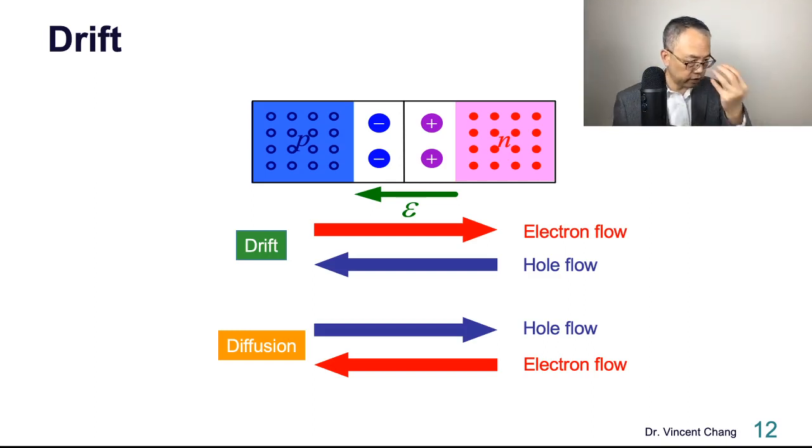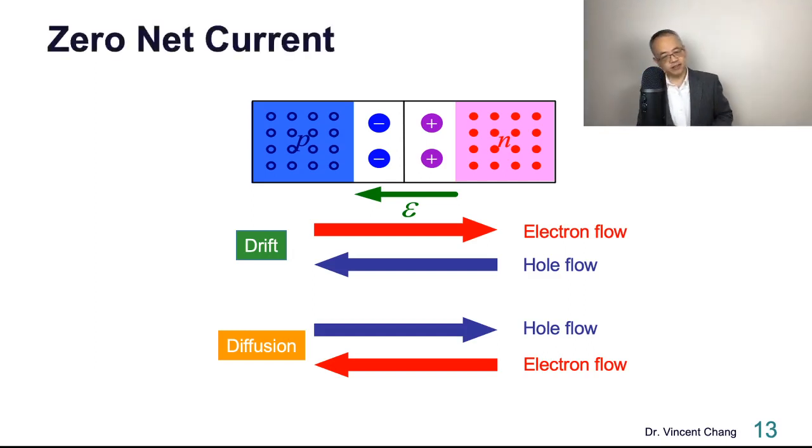So when you see an open circuit diode, an open circuit p-n junction, there's no current. So the net current will be zero. The zero net current can be explained by the balance between the two forces, the diffusion and the drift.